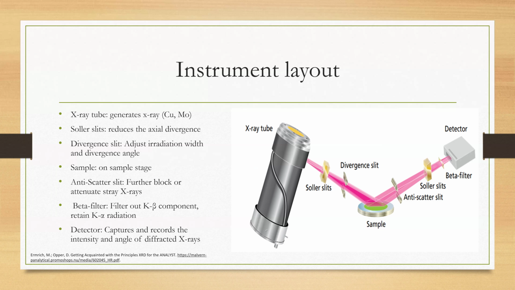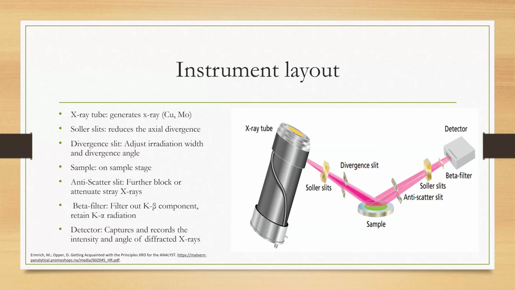The sample is always placed on a sample stage, usually as a fine ground powder. Anti-scatter slits are used for blocking stray or scattered X-rays that might come from the sample edges, and a beta filter is used for filtering out unwanted K-beta radiation, ensuring a more monochromatic beam, mainly K-alpha.